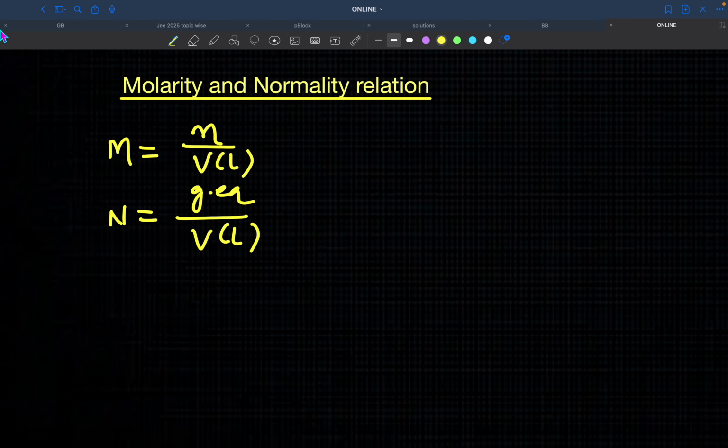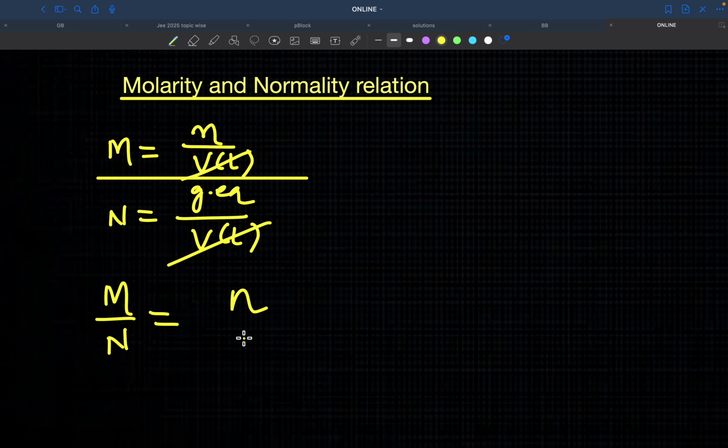So what shall we do here? Let us divide both the terms. The volume in liters cancels. So molarity by normality equals number of moles by equivalent mass.